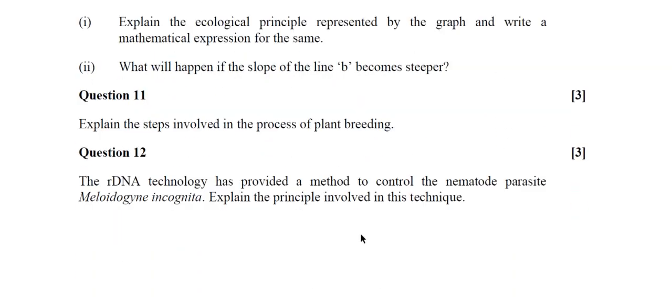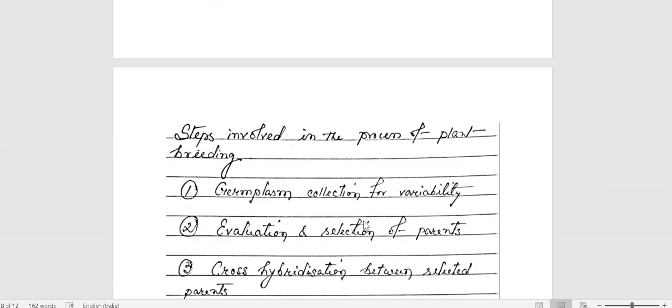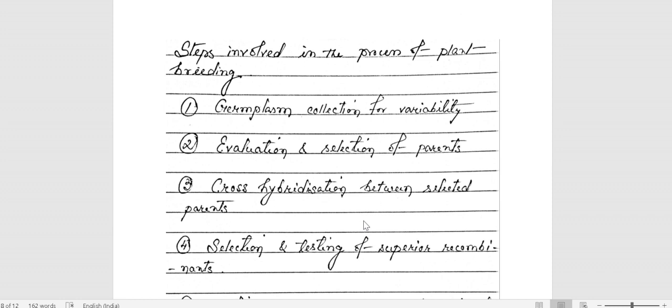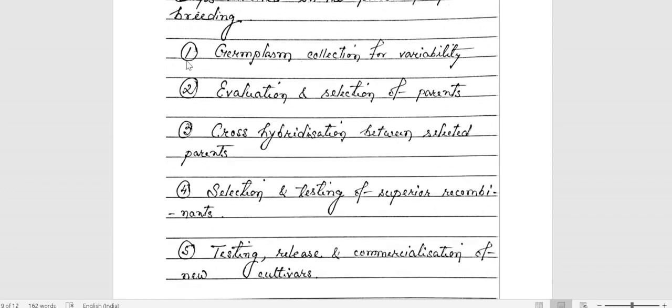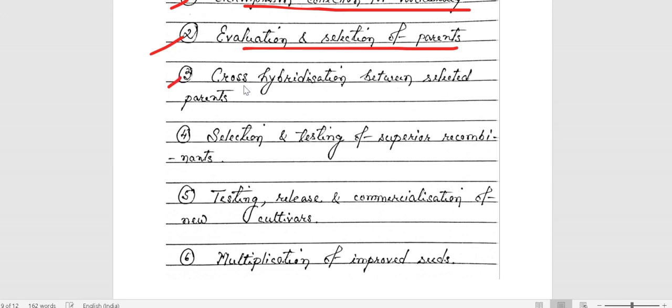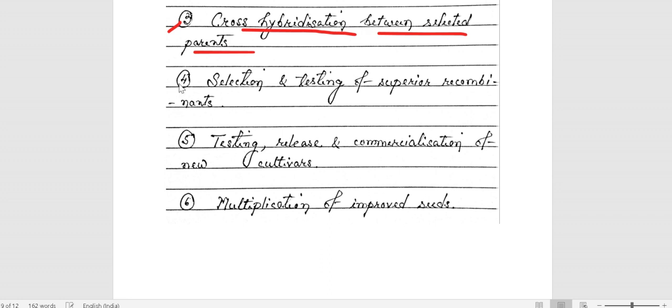Come to the next question. Explain the steps involved in the process of plant breeding. The main steps involved in the process of plant breeding: first, germplasm collection for variability. Second step, evaluation and selection of parents. Third step, cross hybridization between selected parents.